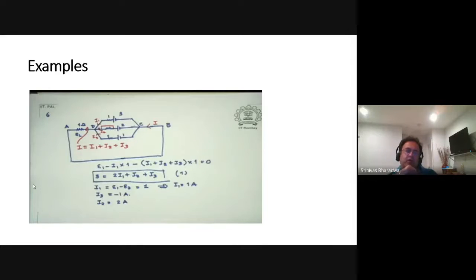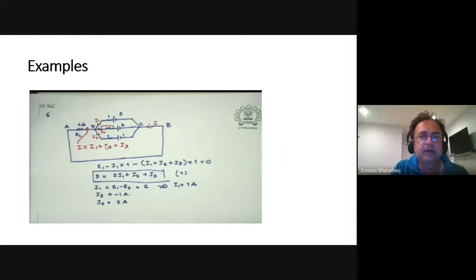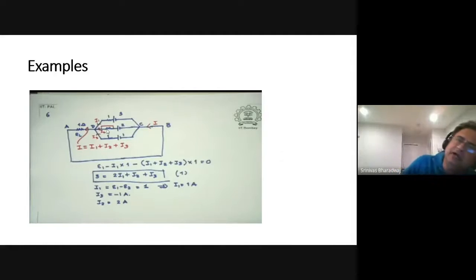So one way, what I would do in solving a problem like this, is replace these two by applying this formula and find EEQ and REQ. REQ will be R1 R2 divided by R1 plus R2, and EEQ will be 2 times 1 plus 3 times this value divided by R1 plus R2, right?